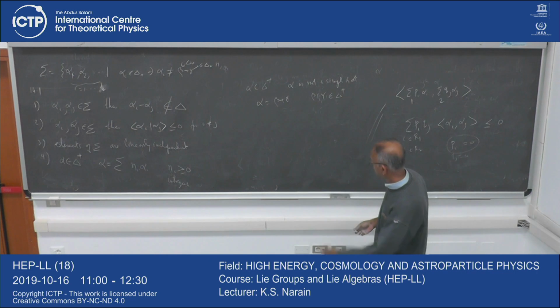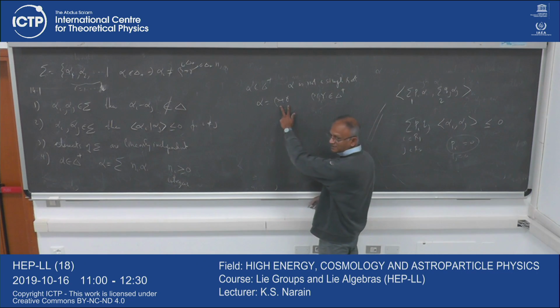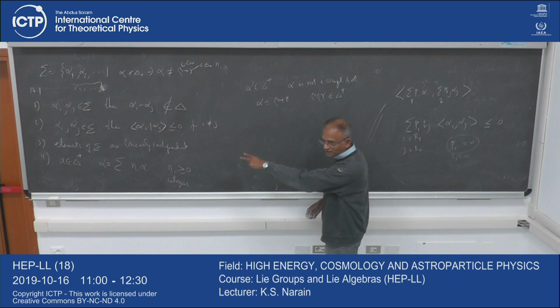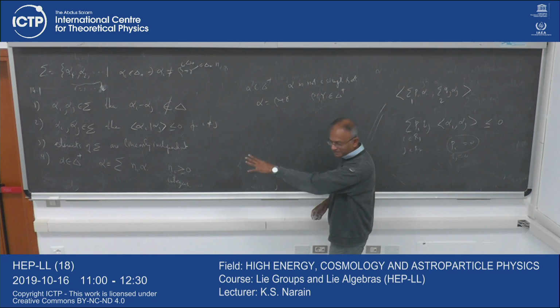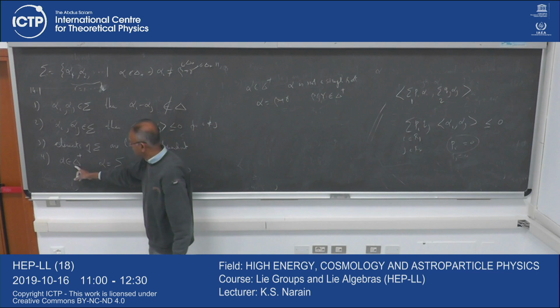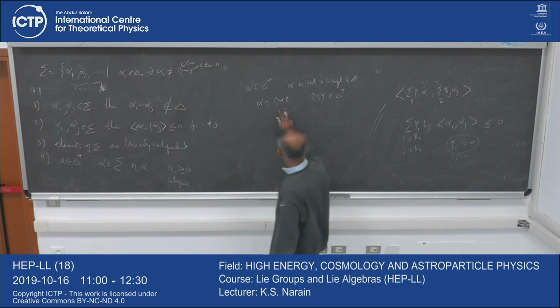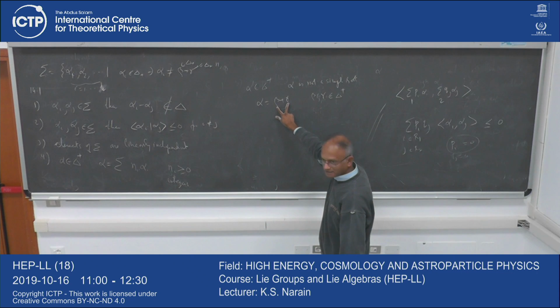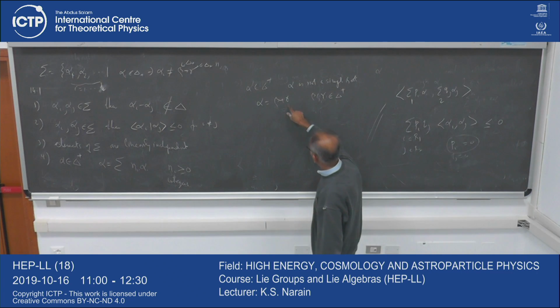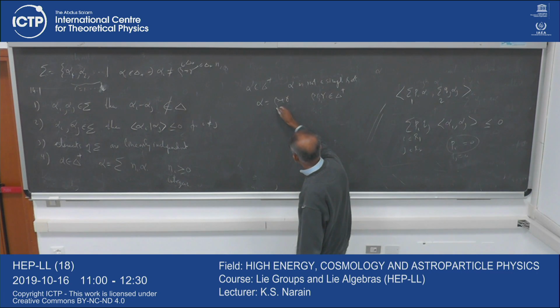Now two possibilities. Maybe both of them are simple roots. Then we have already shown what we want to show, that every alpha belonging to delta plus can be written as combinations of simple roots. Either they are both simple, in which case we have proven it, or perhaps one of them is simple. Suppose this one happens to be simple.